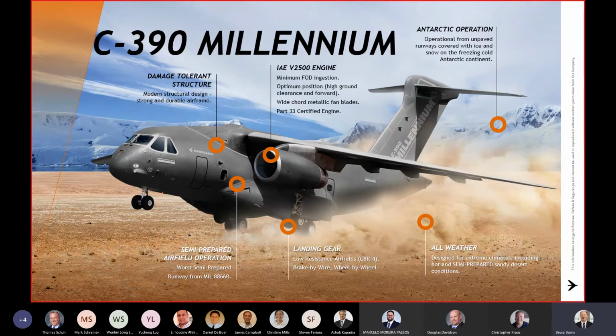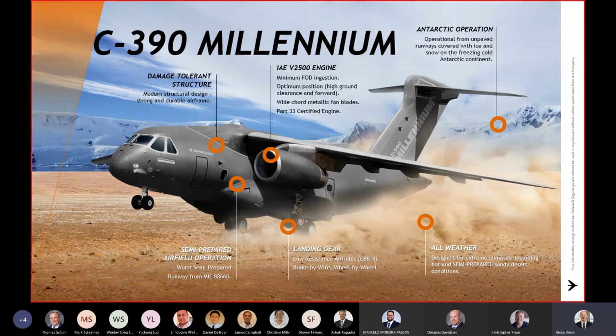And what that allows is the airplane to, rather than have life-limited parts all over the airplane, including the structure, it's a philosophy much more like commercial airplanes today, as well as our executive jets, where you have a maintenance program that includes inspections, and you have a tolerant design that allows for failure of a component but detection of that failure and replacement of that before it turns into something worse, right?